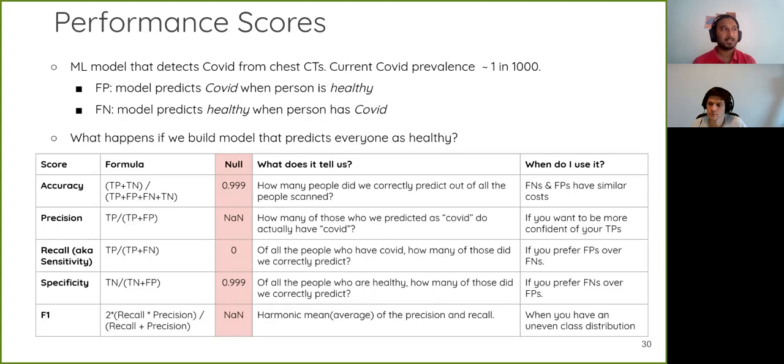In scenarios like this, it's very important to look at other metrics or measurements of your performance. Namely, one of them is precision. Precision would translate as follows for this case: of those we predicted as COVID, how many actually have COVID. That is the ratio of true positives over all the positives that we have. For this particular model, it is not even possible to calculate, because we don't have any COVID predictions at all.